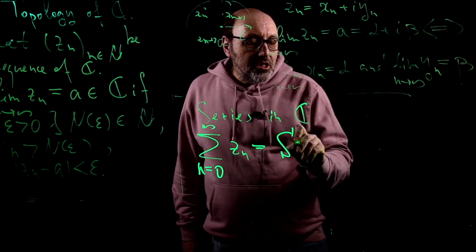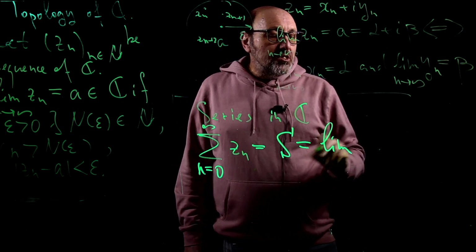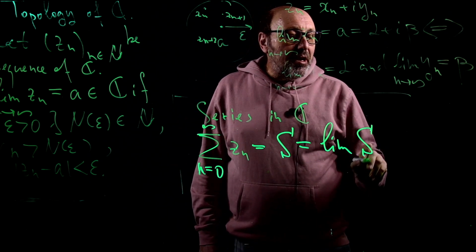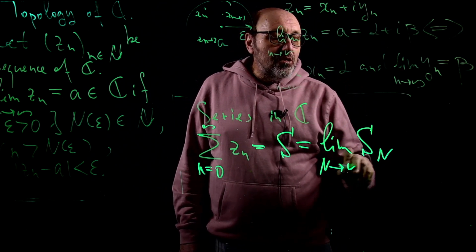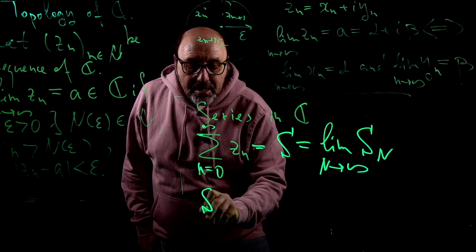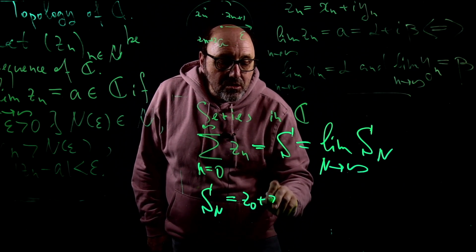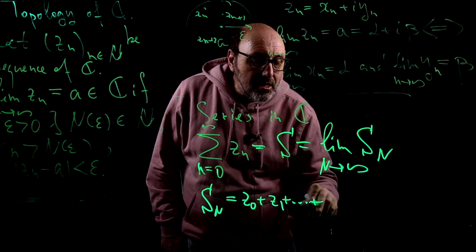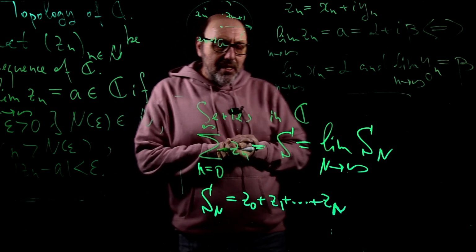Of course, the definition is absolutely the same as in real analysis. This is the limit of the sequence of partial sums S_N when capital N tends to infinity, and S_N is a partial sum z_1 plus and so on plus z_N.